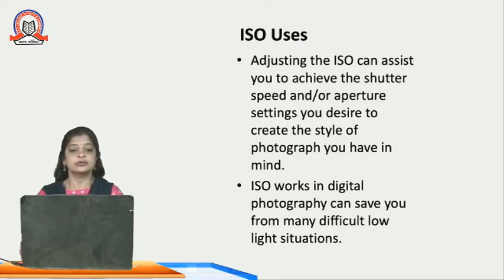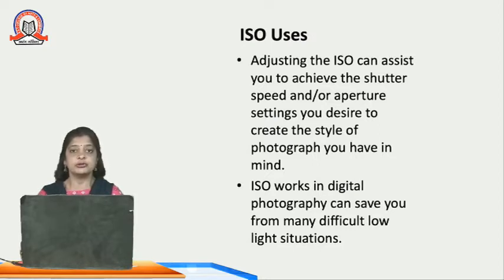Adjusting the ISO can assist you to achieve the shutter speed and aperture setting you desire to create the style of photograph you have in mind. ISO in digital photography can save you from many difficult low light situations.